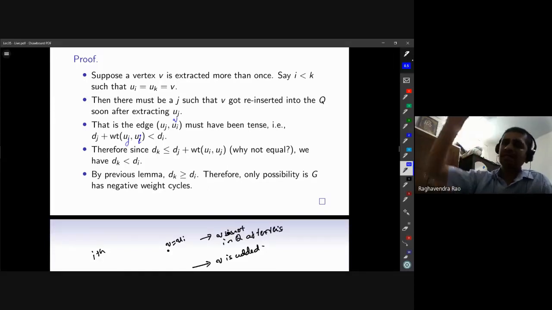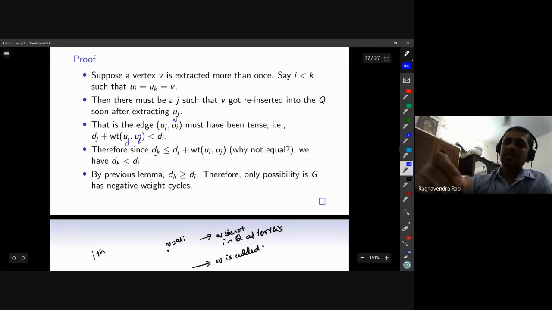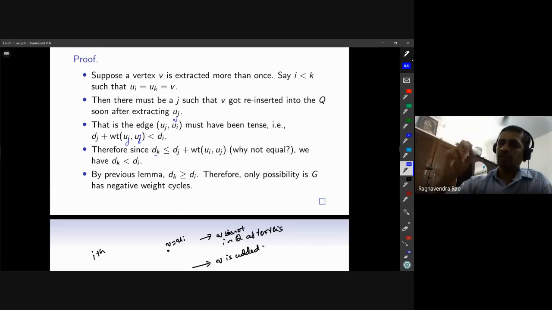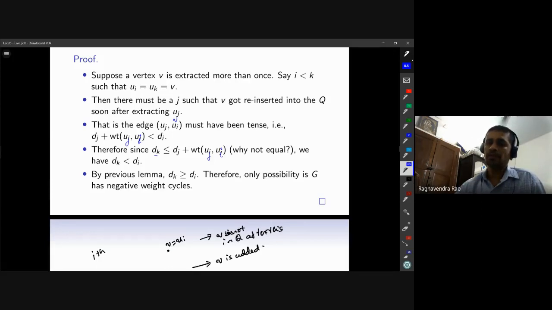Now, when we extract it at the kth iteration, the value is d_k, right? The distance value. If at all it would have gone down, because we only applied decrease key, right? So what we are guaranteed is that d_k, the distance of v the second time we extract it from the queue, must be at most d_j plus weight of u_j to u_i.